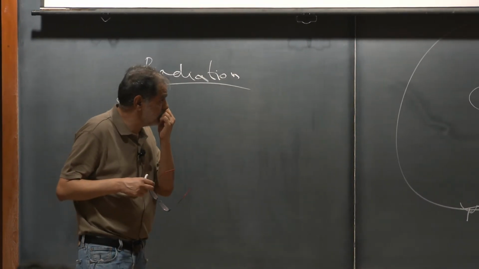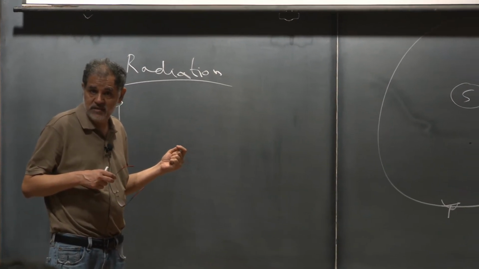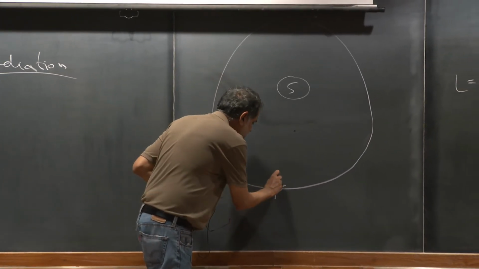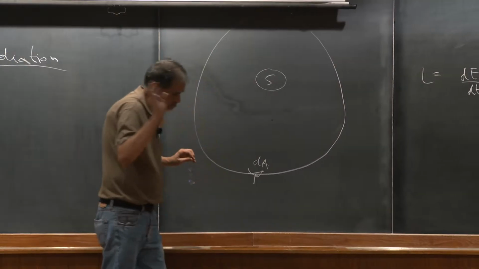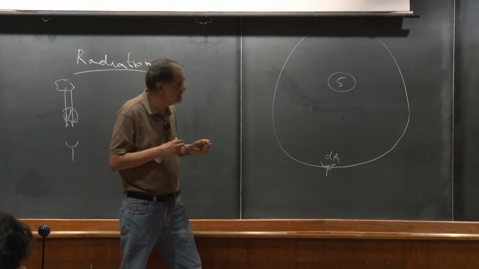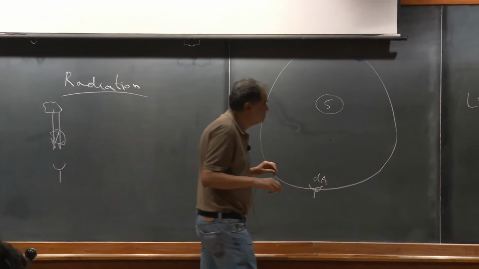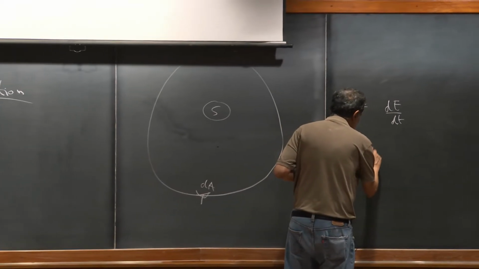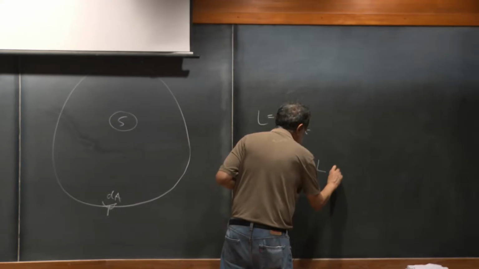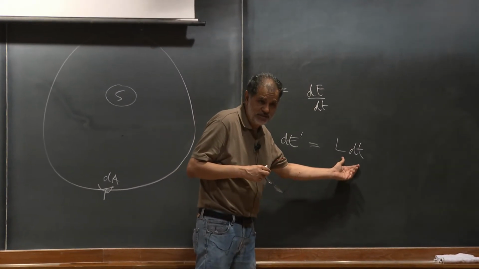Now we want to know how much energy is actually intercepted on Earth, right? By a telescope of a certain area, let me call it dA. Fine. So tell me how much of the light that is emitted by the sun is intercepted by the telescope. Let me call that energy dE prime. So per unit time, in a time dt, it will intercept this much.